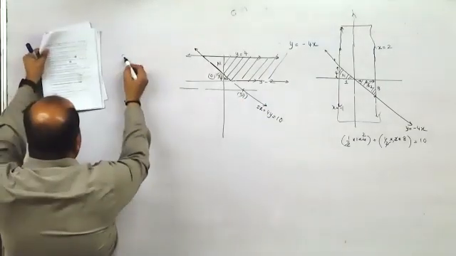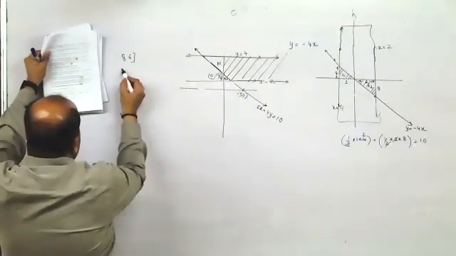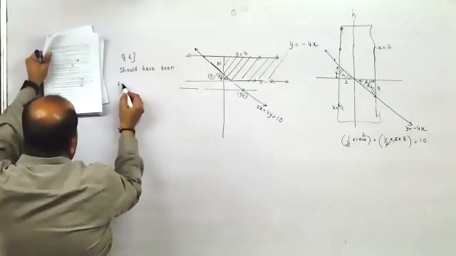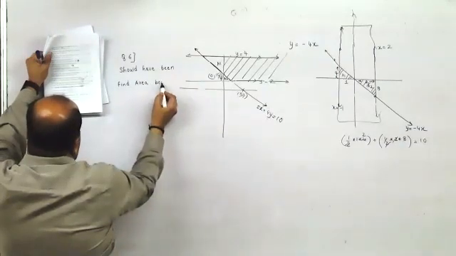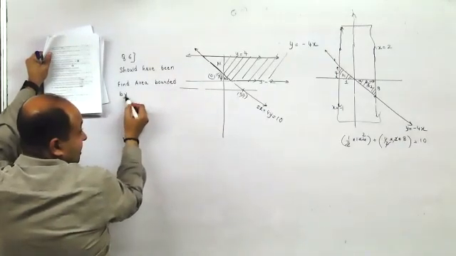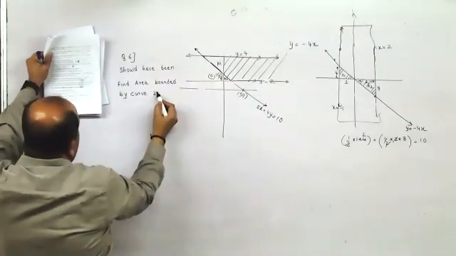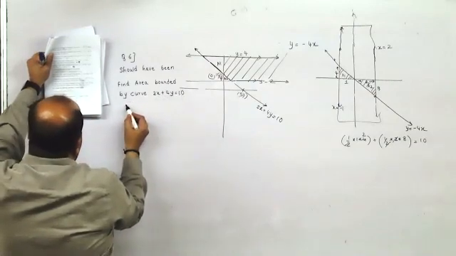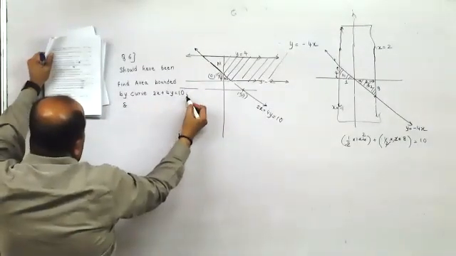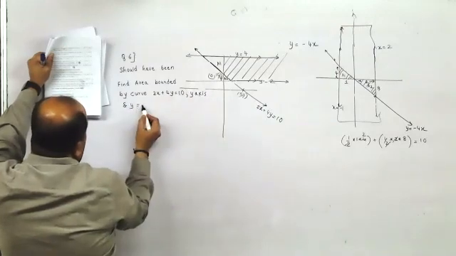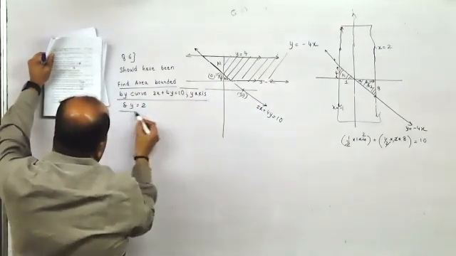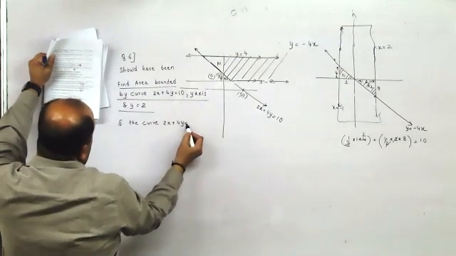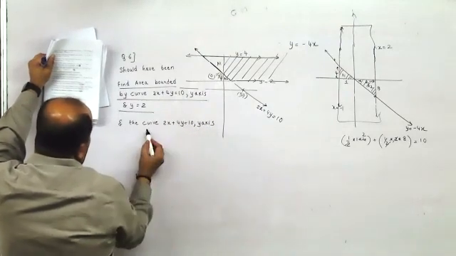So question number 6 should have been: find the area bounded by the curve 2x plus 4y equal to 10, the y-axis and y equal to 2, and the curve 2x plus 4y equal to 10, the y-axis and y equal to 4.